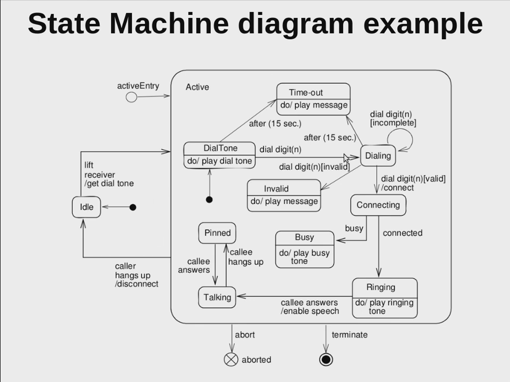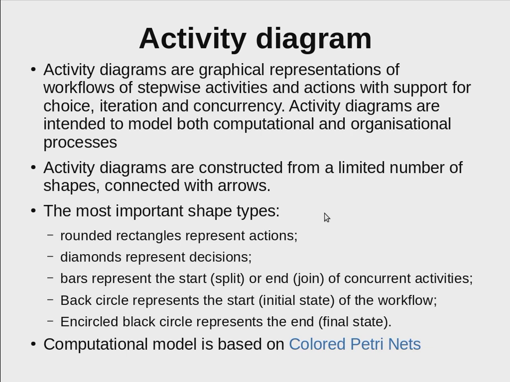And how can you avoid this bad abstraction? You can avoid it with a different diagram introduced in UML 2.0, called the activity diagram. The graphical notation for the activity diagram is absolutely the same as for the state machine diagram, and it's also based on graph theory, but its precise meaning, how it works and what it means, comes from a theory called colored Petri nets.